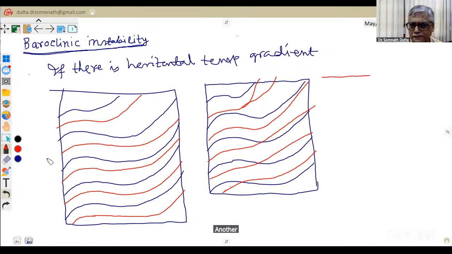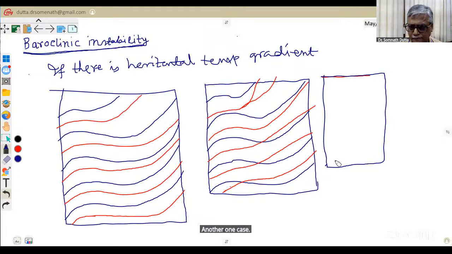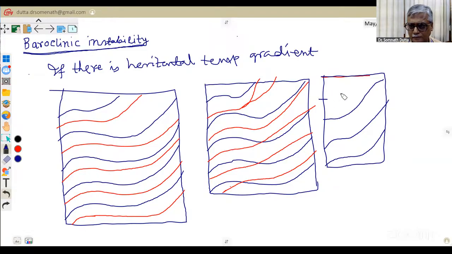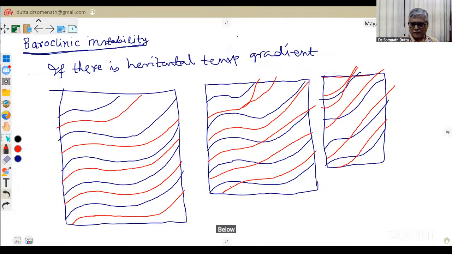Another case, let us take. So now I could not draw it properly.